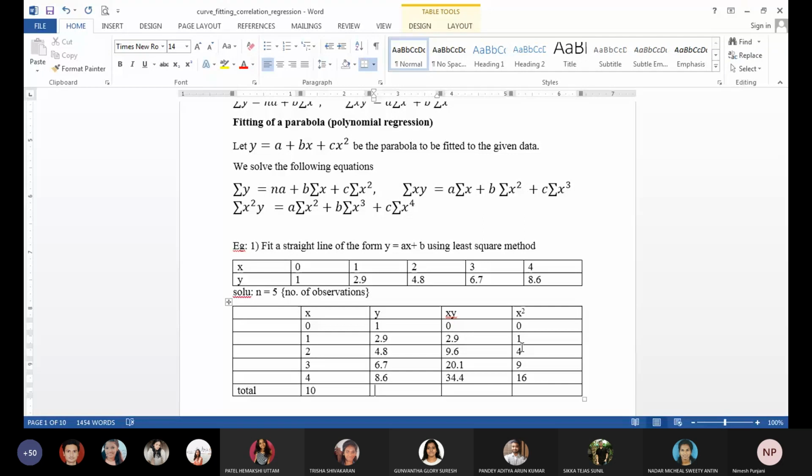Check, you get values of this kind. These are the values which you get.